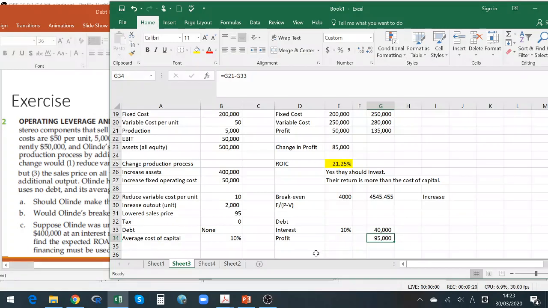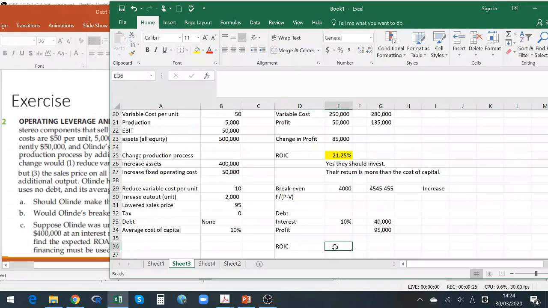And your return on investment. The change in profit is now this, after they invested and have to pay interest expense, minus profit before they invest.